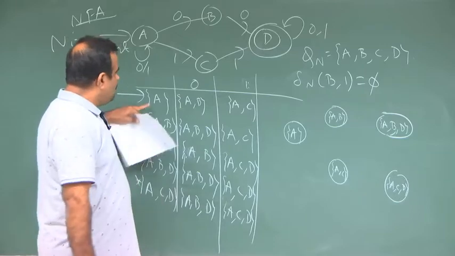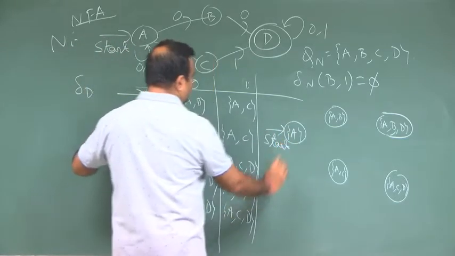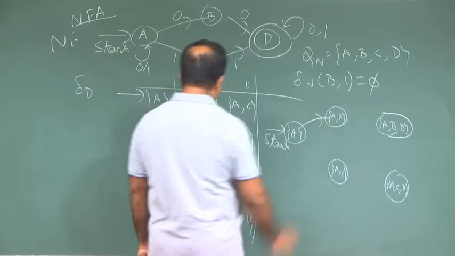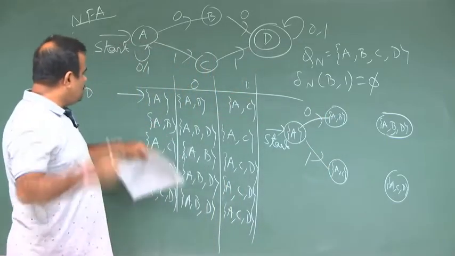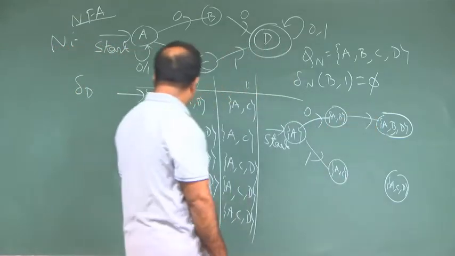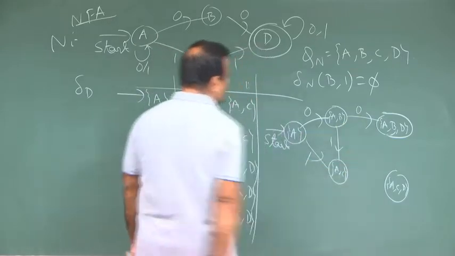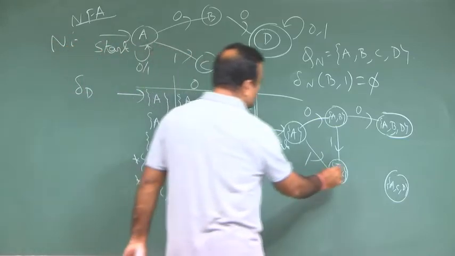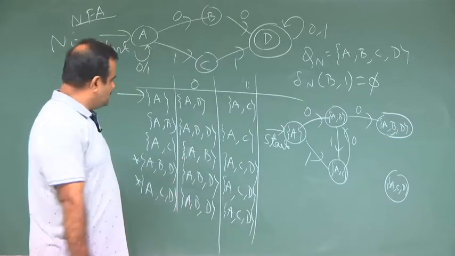From A, this is the starting state. From A with the 0 move we go here, with the 1 move we go here. From AB with the 0 move we go here, with the 1 move we go to AC. From AC we go to AB with the 0 move, and we go to ACD with the 1 move.